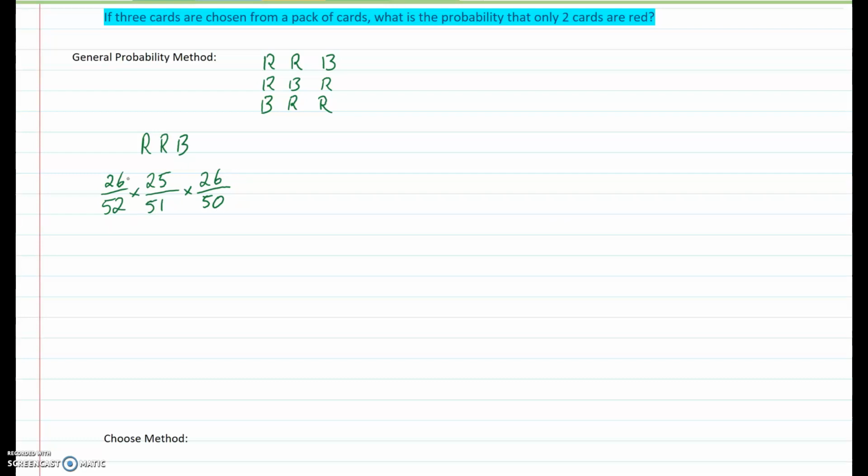But what you need to be careful of here is the top number. I'm choosing a red here, then another red, so from 26 reds to 25 reds that are left, but then I'm going to choose a black for the second one. So work out that and add it to my second possibility, which is red, black, red. Now, again, starting off here, 26 reds out of 52. Black cards, well, I still have 26 cards out of 51 black. And then red cards, I have 25 here out of 50 that's left.